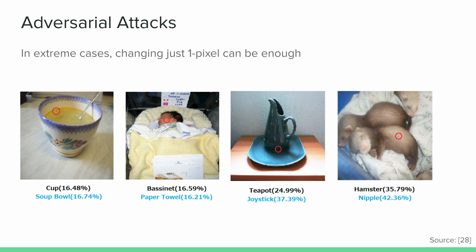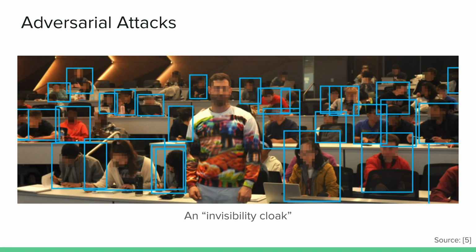And here in those images you can see that they highlighted the single pixel that they changed with a red circle. I think it's very impressive that there is a method that can change your input so little, just a single pixel, and still have an effect on your network's output. I really love that example.